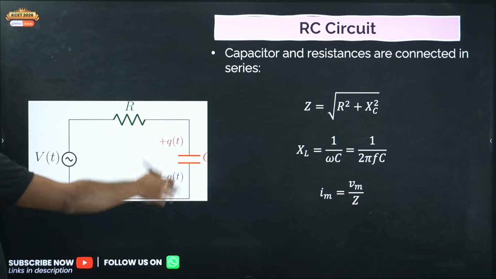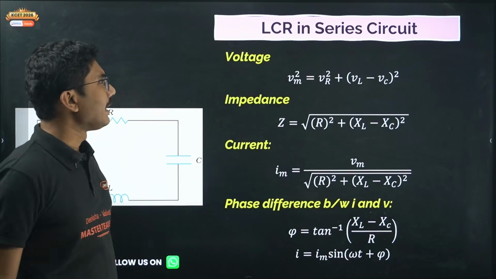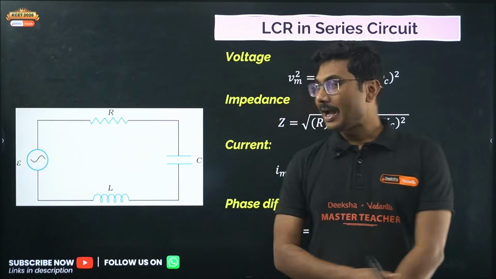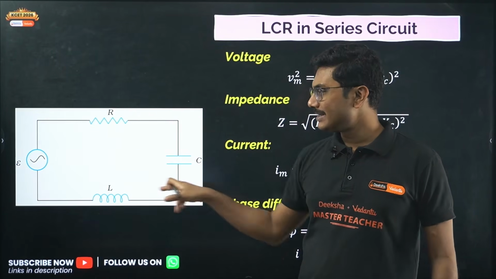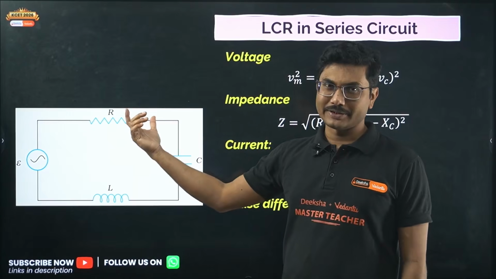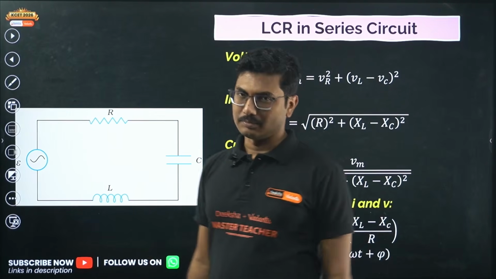In an RC circuit, resistance and capacitor are both connected like this. Next, the LCR series circuit. Now you have one R, one L and one C, all connected in series. But here only one resistance, one capacitance and one inductor are there.